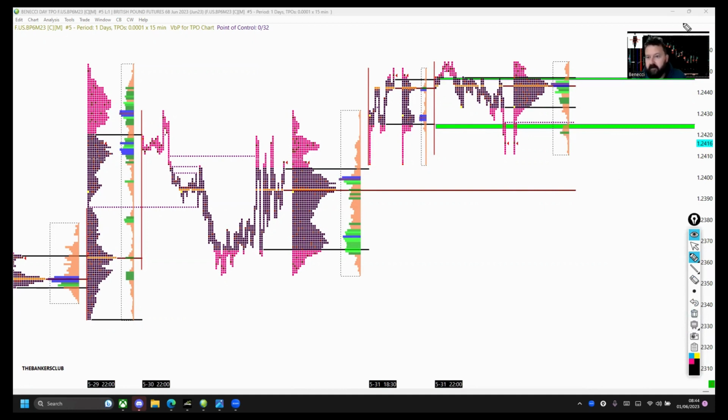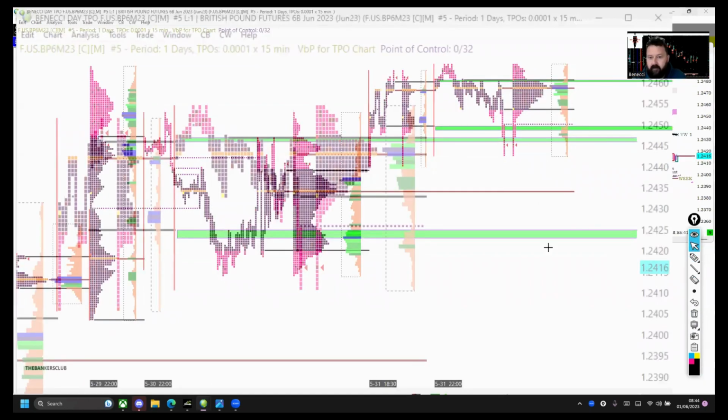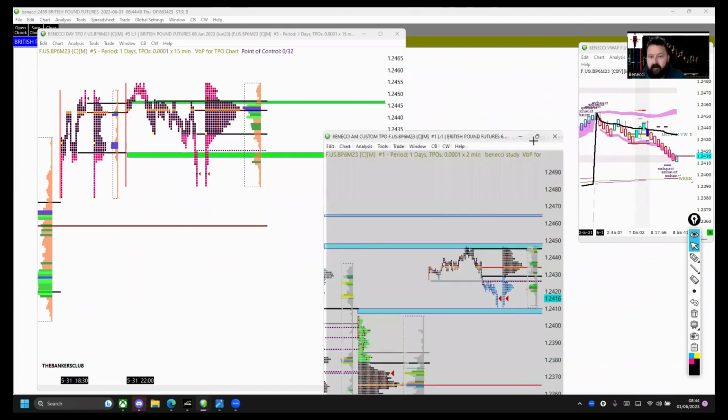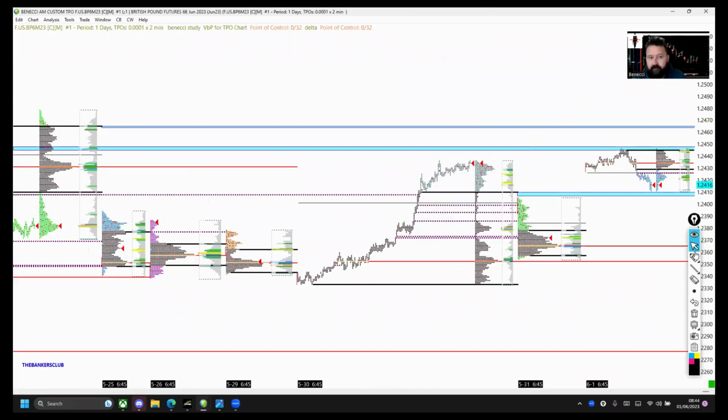So that was what the daily was. I then wanted to marry it up with the custom morning chart, and as you can see, I needed some sort of context, and we've got a low volume node there, but just above it, so we'd auction on up.